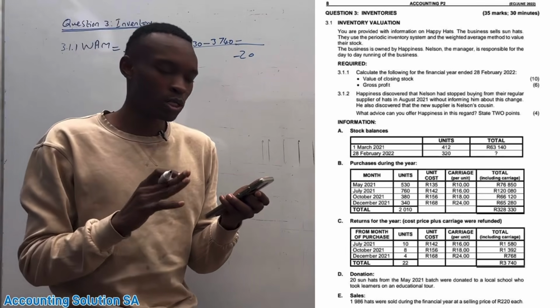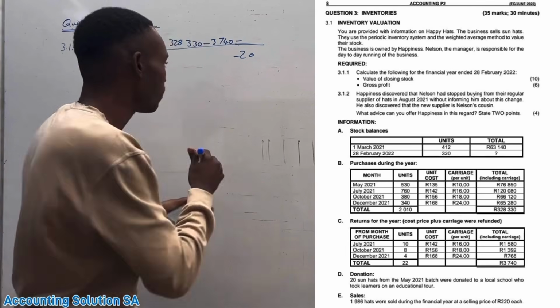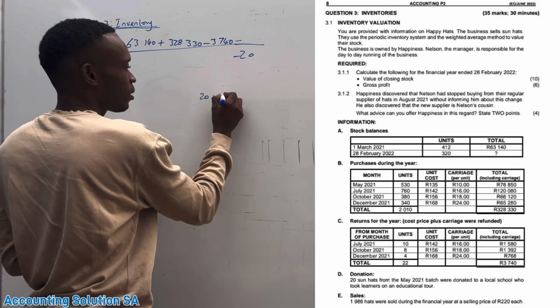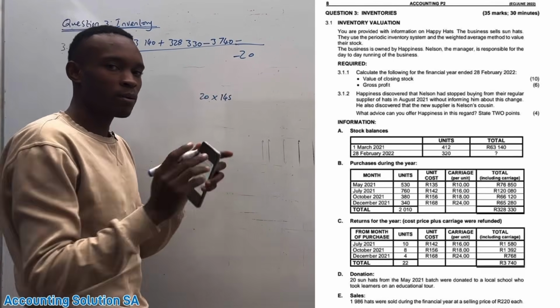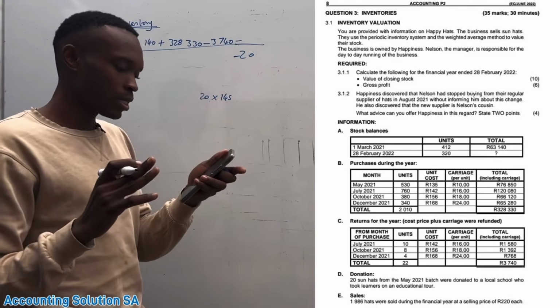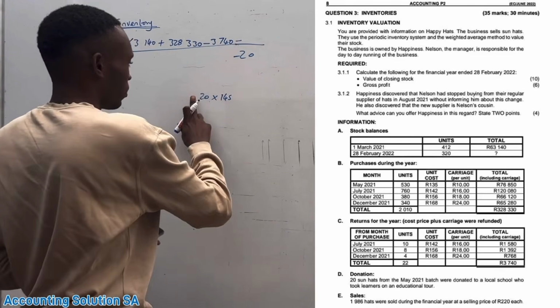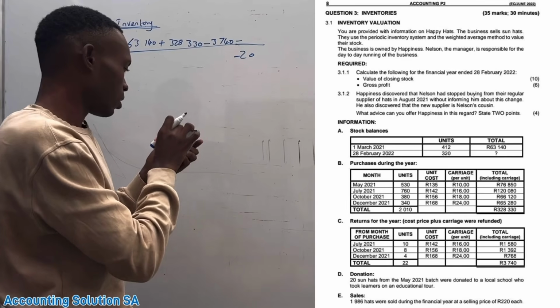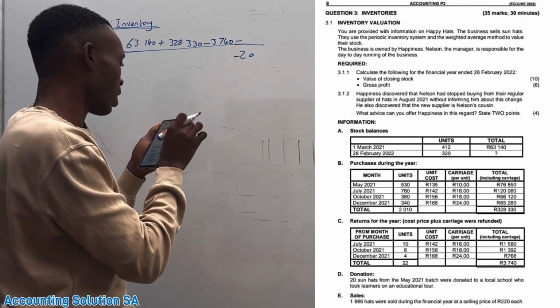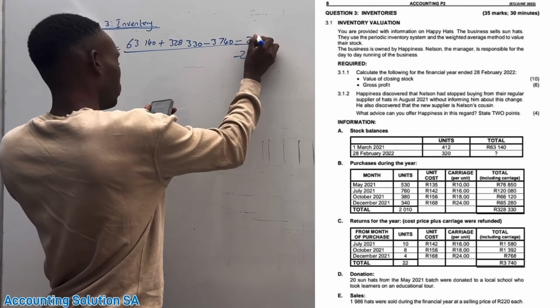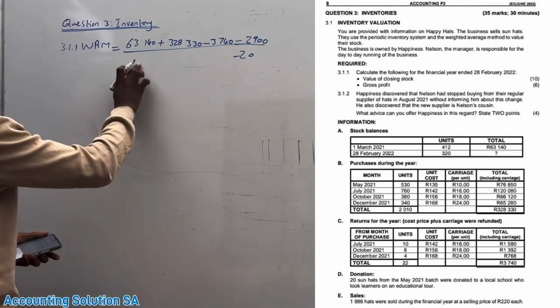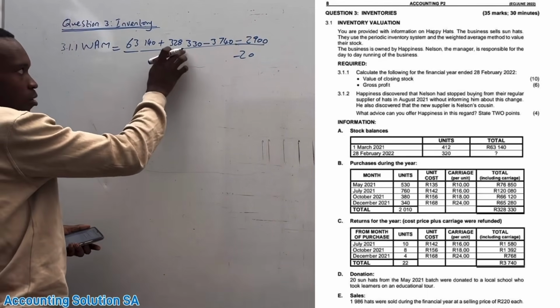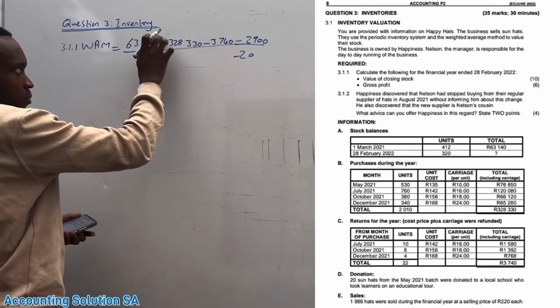We have to include it, which means that you're going to say 20 multiplied by 145. 145, we got it by saying 135 plus 10. Simple. Okay, if you calculate this, it's going to give you an amount of 2,900.